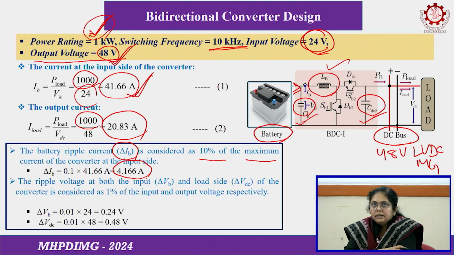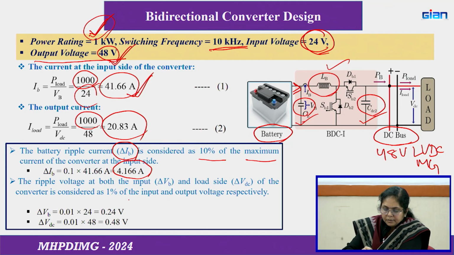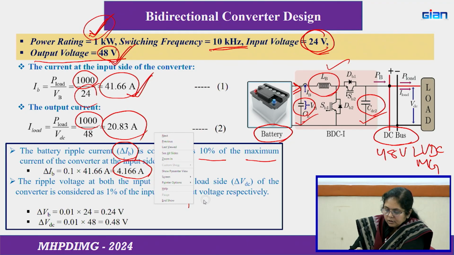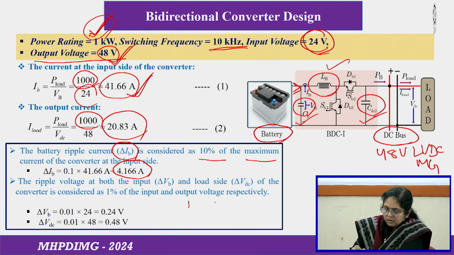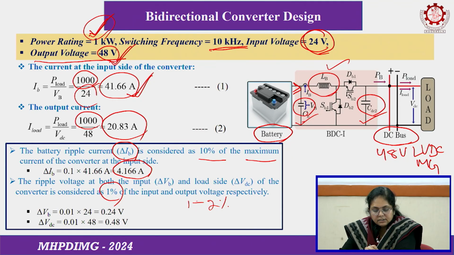The battery voltage ripple can also be designed for 1 to 2%, and for this example, I have chosen the battery voltage ripple delta V as 1%.